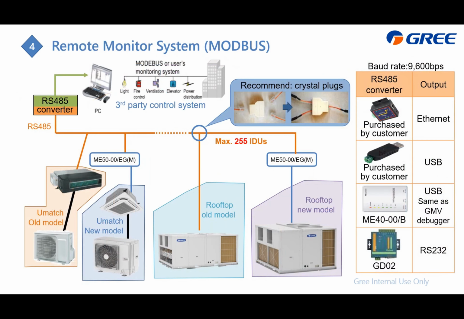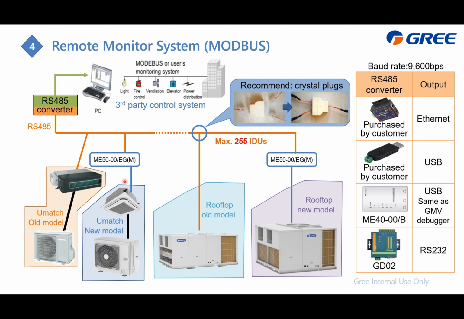Next is the remote monitor system, which means you need to use the PC to control the UMatch or the rooftop. Actually, just like what I said, the UMatch is almost the same as the rooftop. They just share the same PCB to control it.